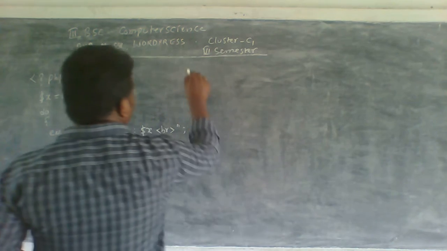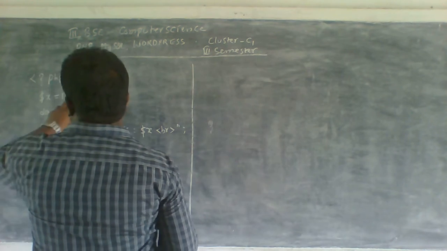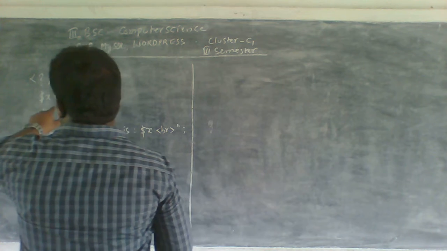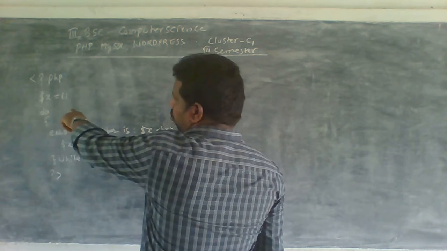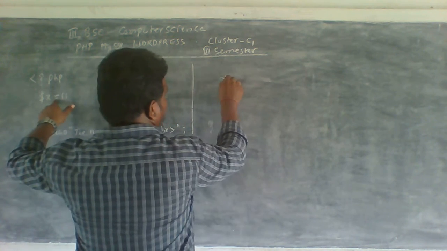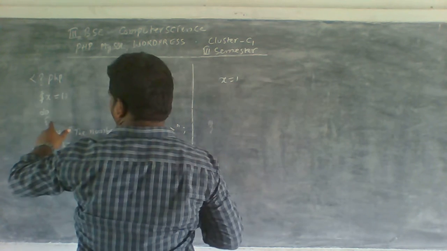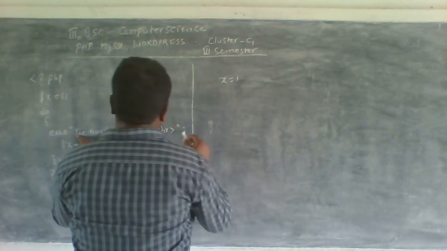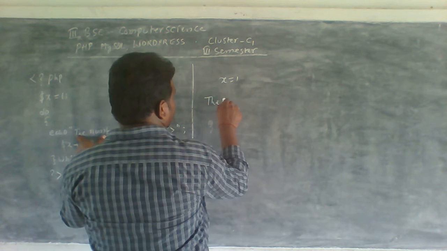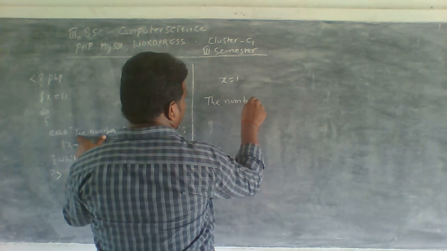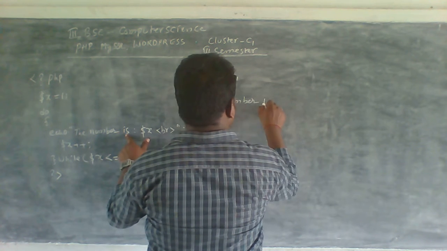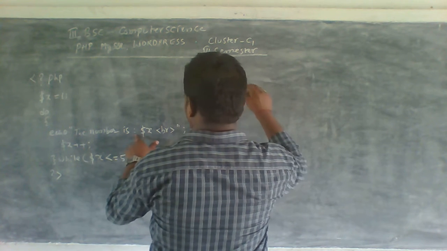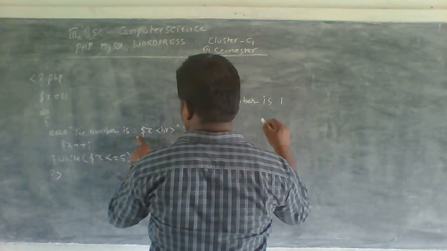Now we have to see how to execute this program. Initially x is equal to 1. Later it echoes, so first it prints the value. The number is x, and x contains what here? x is initially 1, that's why it prints 1.